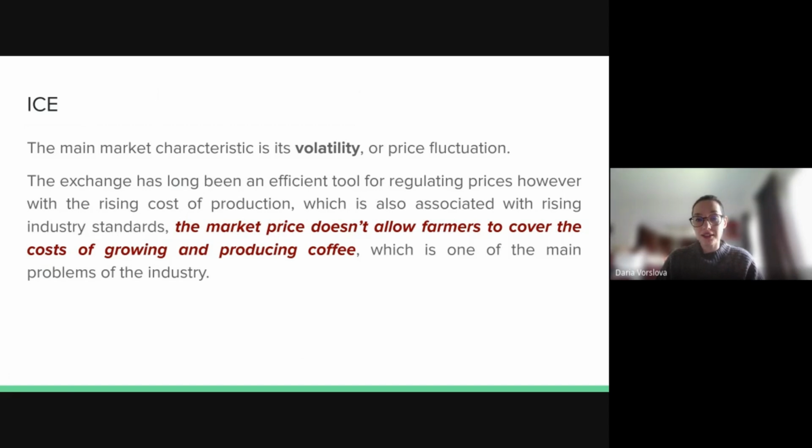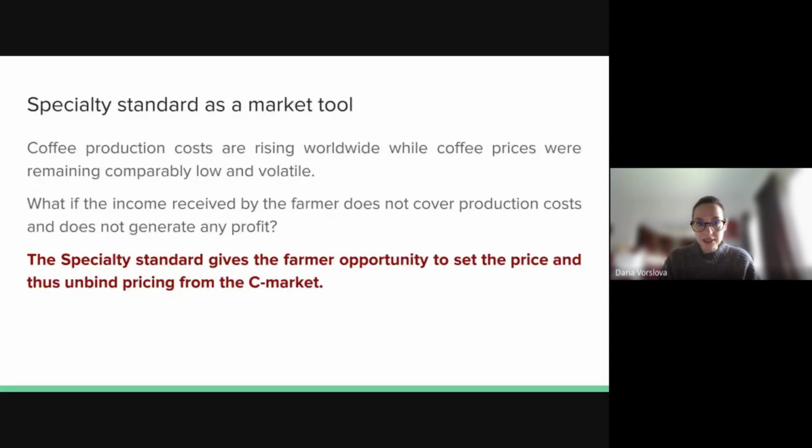That's why this standard was invented, helped us, and changed the industry a lot. Because this standard allowed us to unbind price from the C market for the farmers and give them the right to set a price for their product based on their cost of production.